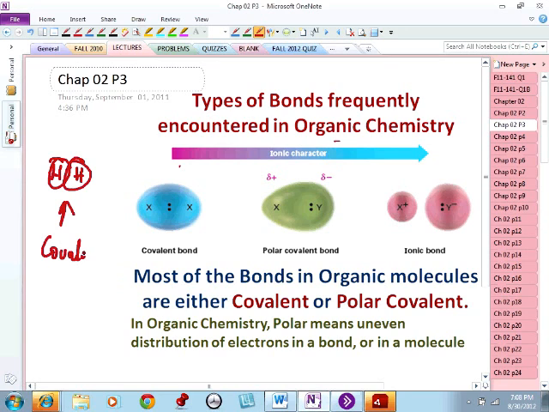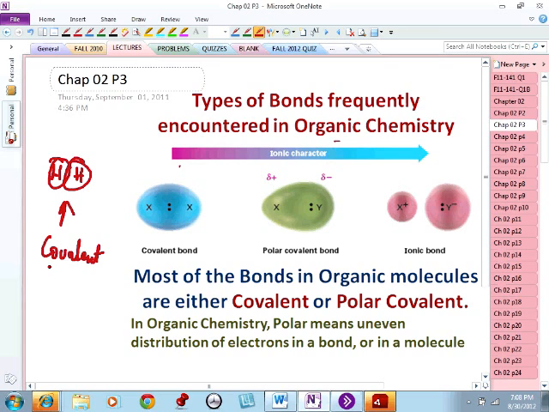So this will be a covalent bond. That is a sigma bond because you have the s orbital of one hydrogen atom overlapping with the s orbital of another hydrogen atom. That is a perfect covalent bond.